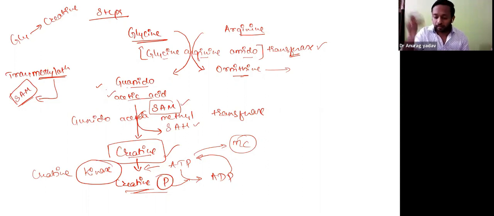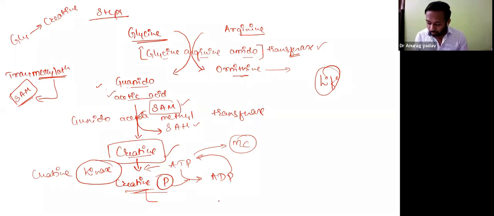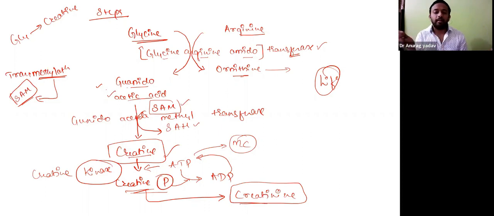Now, once creatine phosphate is synthesized, is it for a lifetime? No, it has its own life. Once the wear and tear is done, once the function of the creatine is completed, it will be removed from the body. How is it removed? As I told you already, the waste product from creatine is called creatinine. Please don't get confused between creatinine and creatine.